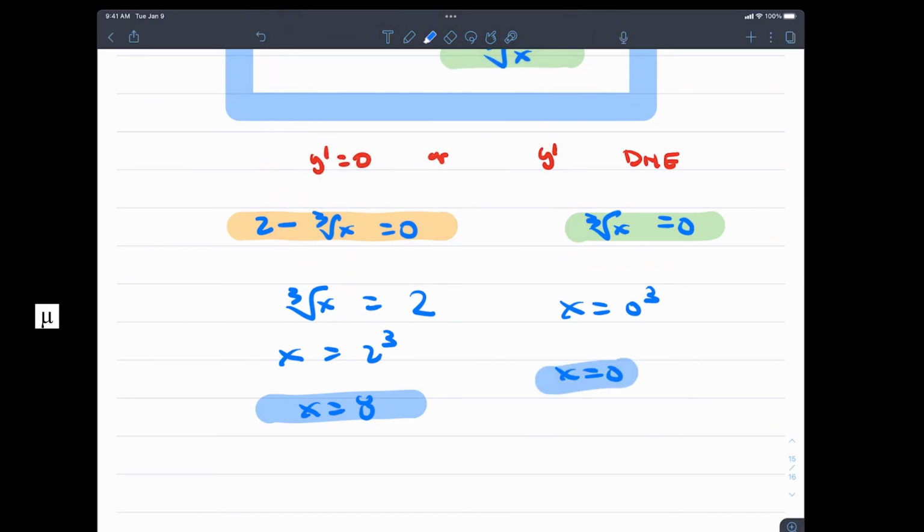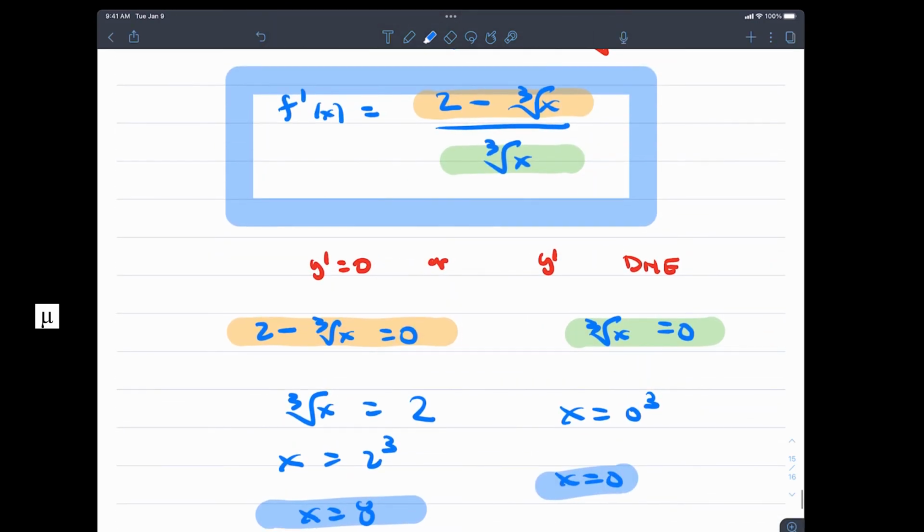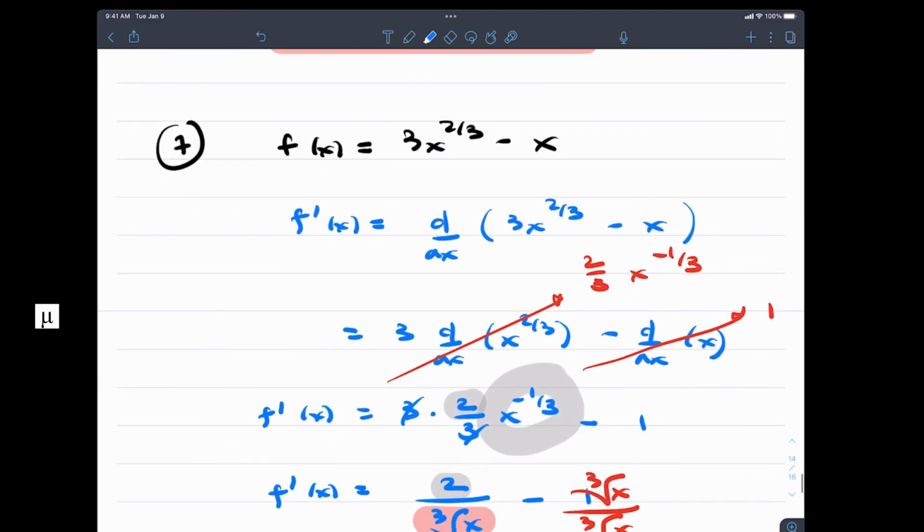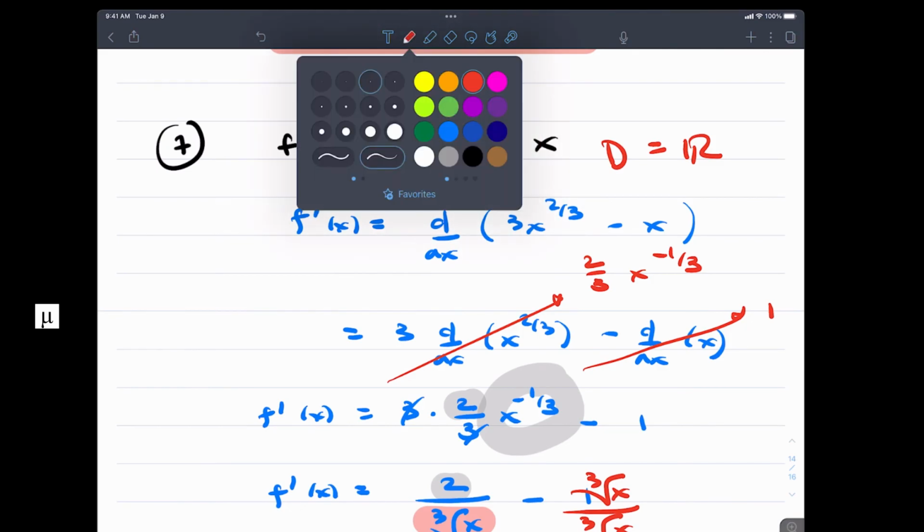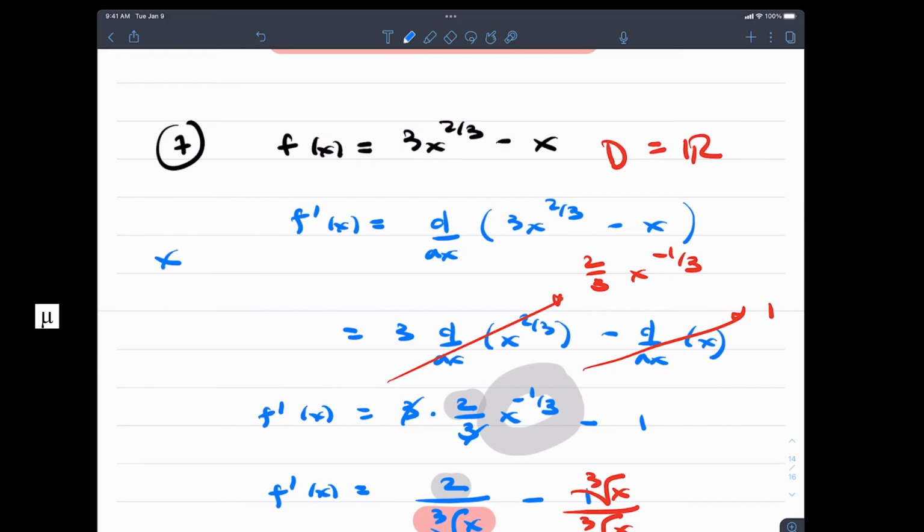Okay, so let's remember what this stuff means. If we go to the function, what's the domain here? It's all real numbers. Why? You might say, but isn't this going to be, right? You have a cube root here. This is x squared, but you have a cube root here. x could be any real number because you could take the cube root of negatives, you could take the cube root of positives.